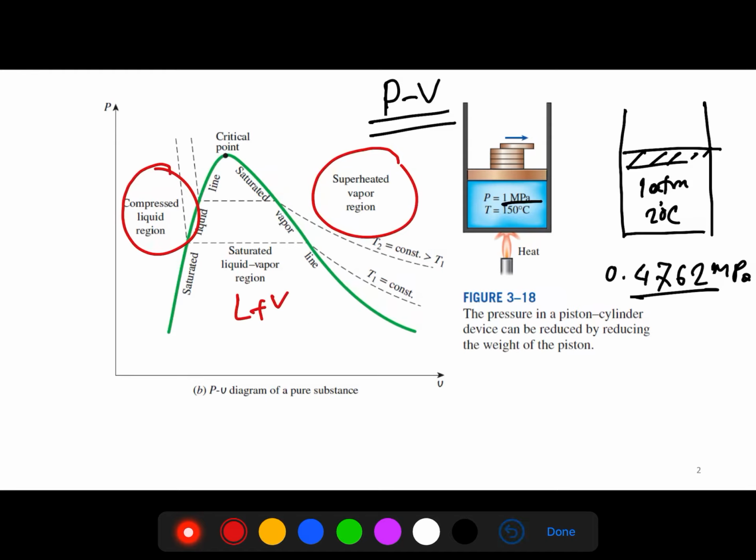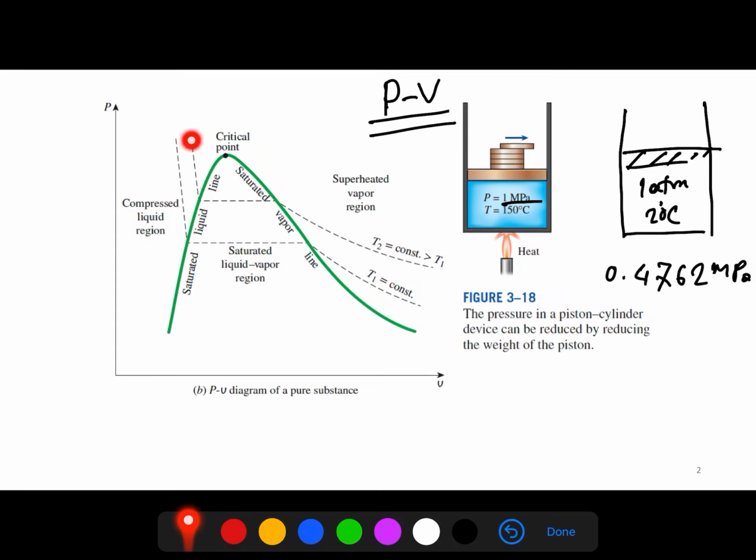Now what I want to discuss here is how the specific volume is changing. This is the pressure, this is the high pressure, and now the pressure is decreasing this way. If we take a point here and another point here, let's say this point is P1 and this point is P2.